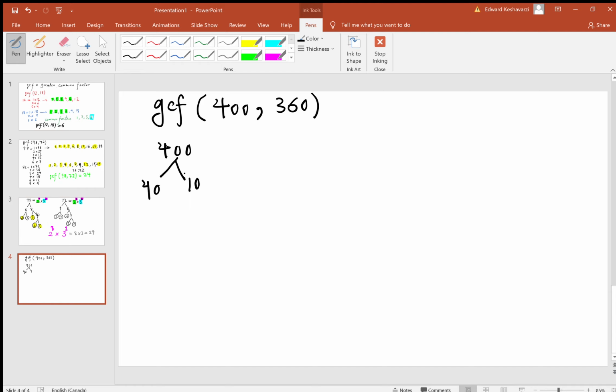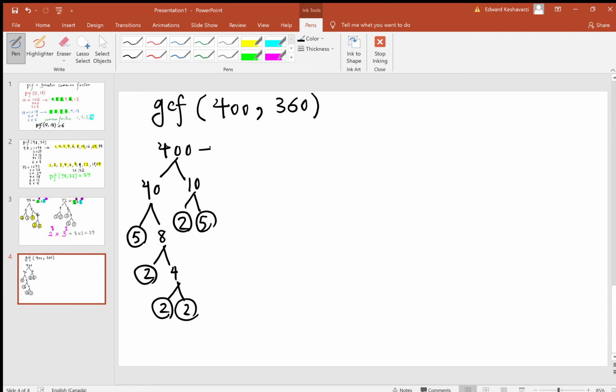So 40 times 10, 5 times 8, 2 times 4, and finally 2 times 2. 2 times 5. Therefore, 400 is equal to 2 to the power of 4. I see 4 2's. Also, I see 2 5's.